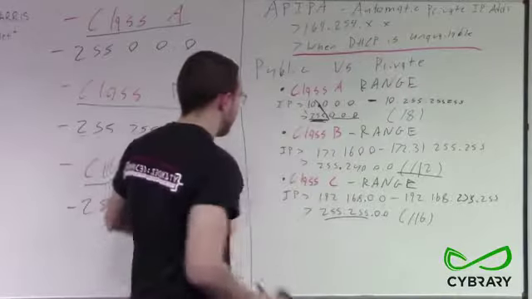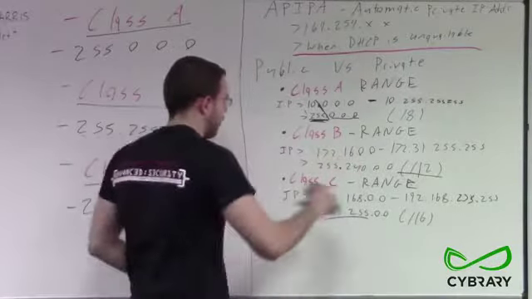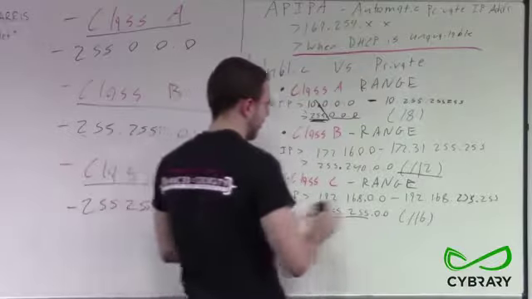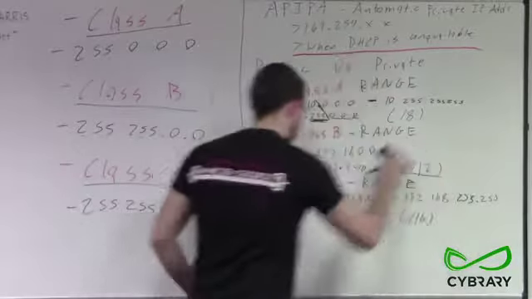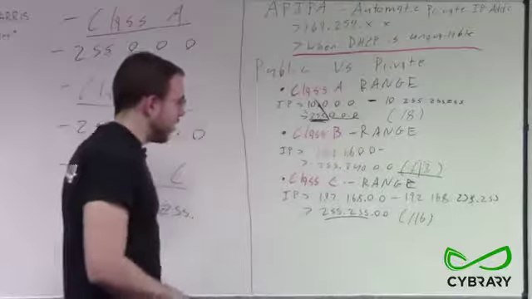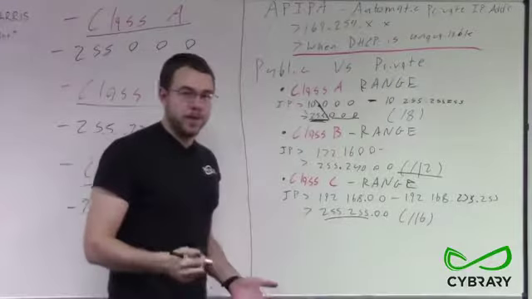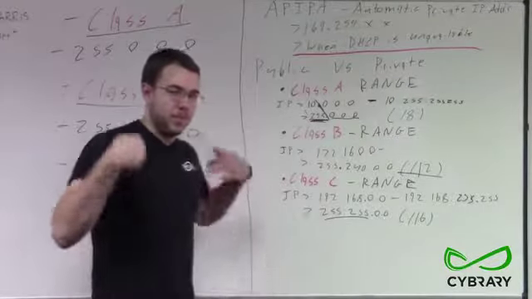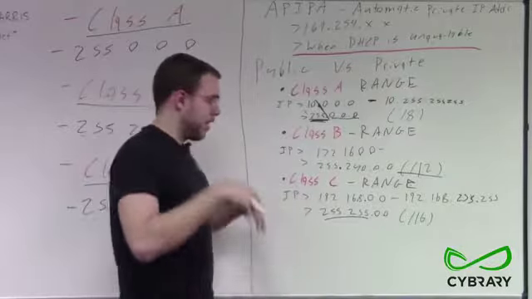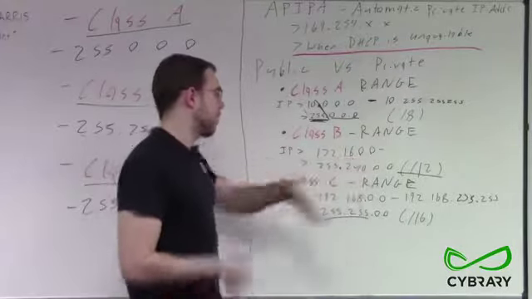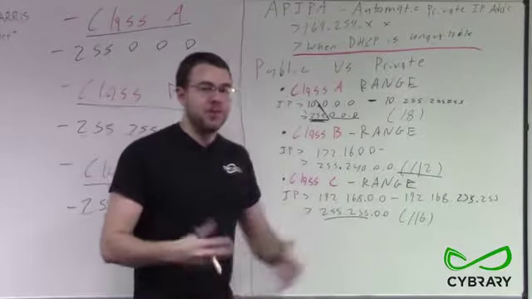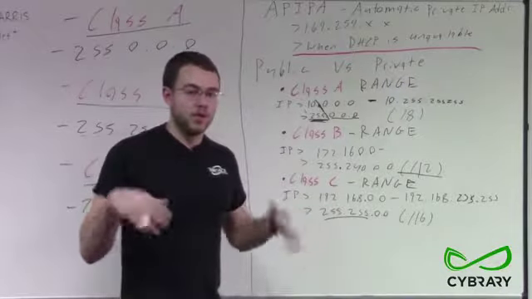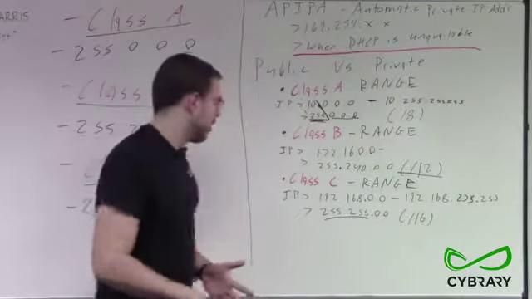Our IP address start point for our private IP address range is going to be 172.16.0.0. That's the address that we came up with, and we said, okay, this is our start address for our private IP address range from our public addresses that you can steal for private IP addressing.